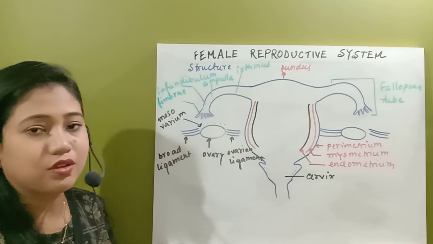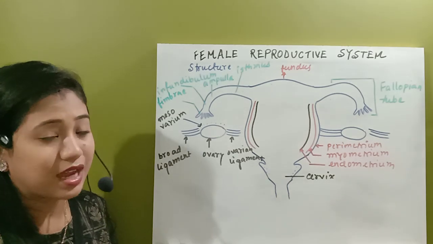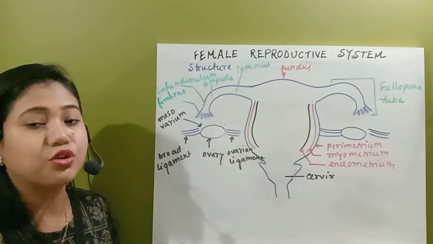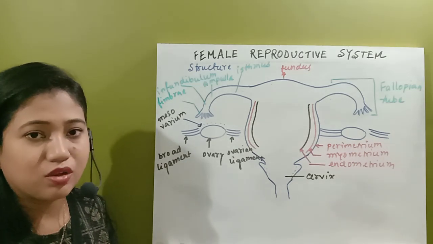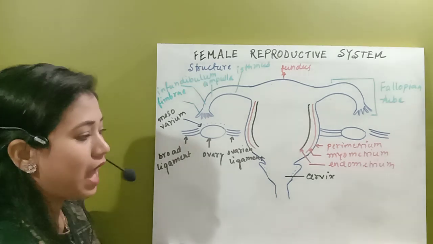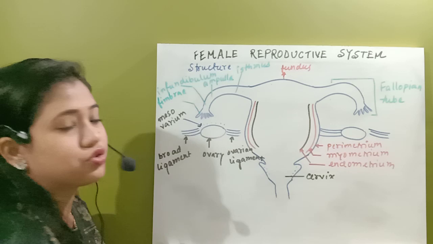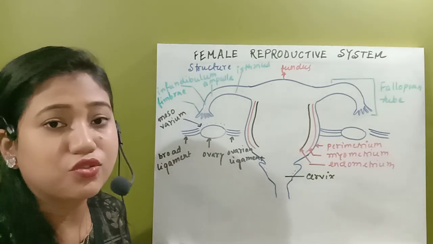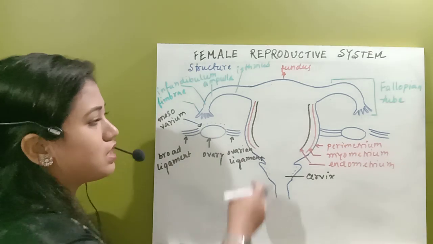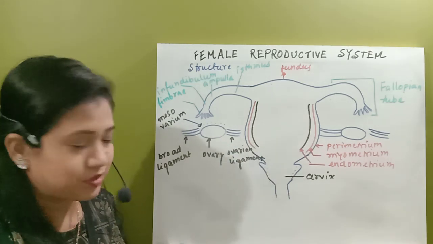This cervix region is made up of a type of cell, the columnar cell. This columnar cell produces some mucus, and this mucus thickens in the later phase of the menstrual cycle and develops a plug here, so that in the later phases of the menstrual cycle, the spermatozoa or the sperms cannot enter inside the female reproductive system.